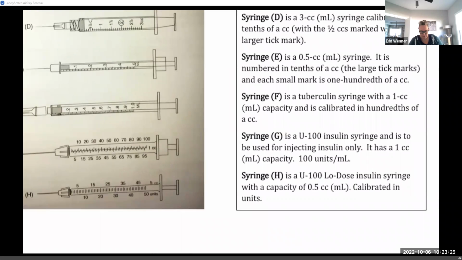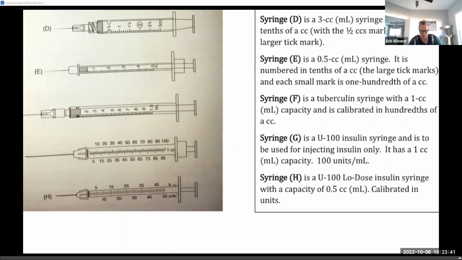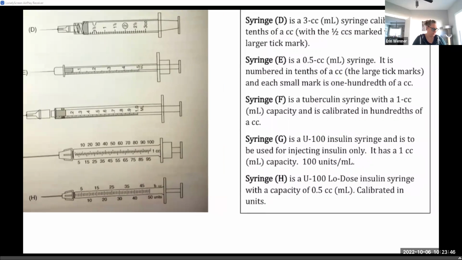And again, the calibrated units is that you've got 50 units per half cc. So what they're allowing you to do here is to be more accurate. You can only give up to 50 units of insulin, versus with the U100 syringe G, you would give up to 100 units of insulin.